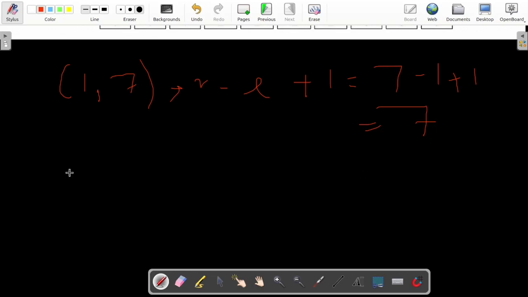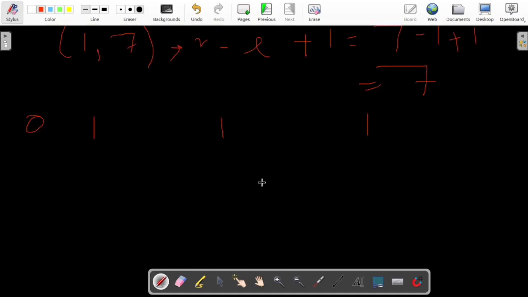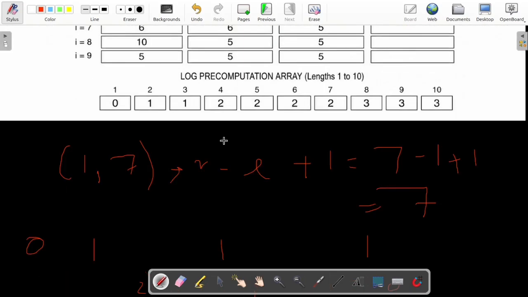The binary representation of 7 is 1 1 1. We have zeros ahead. This is 2 to the power 0, this is 2 to the power 1, this is 2 to the power 2, and this is 2 to the power 3. I'm not writing all the bits till 31. Now you will also know why we have built a sparse table in powers of 2.